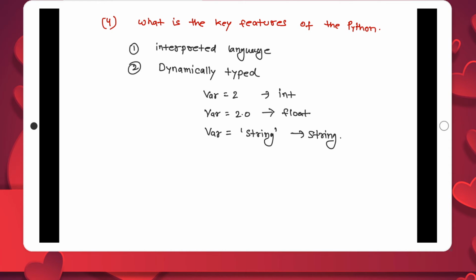All right, and the third very important feature of the Python language is that it is object oriented programming. Unlike C, it's object oriented programming, and even Java is also object oriented programming.